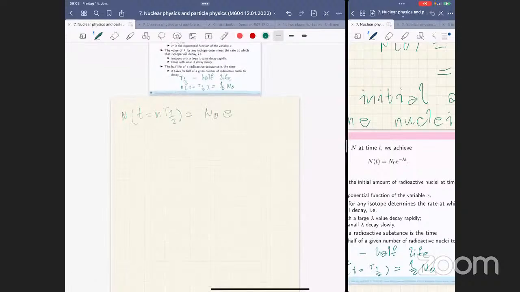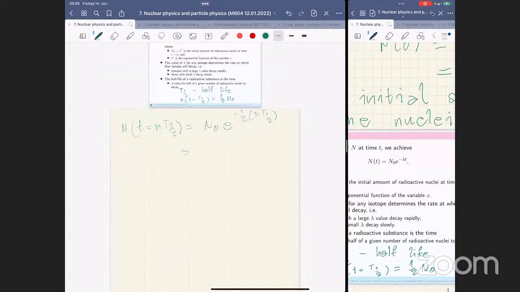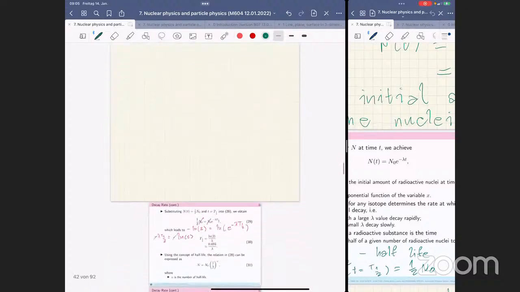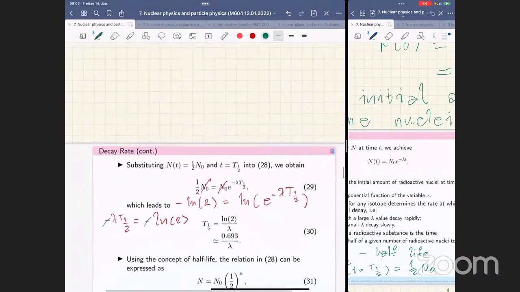And what we know is that T1/2 is ln 2 by lambda, from this one, the half-life is ln 2 by lambda.